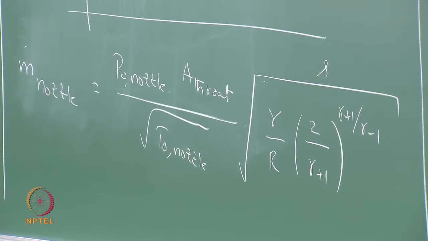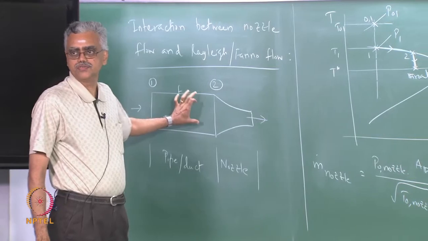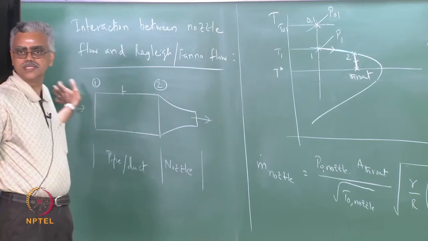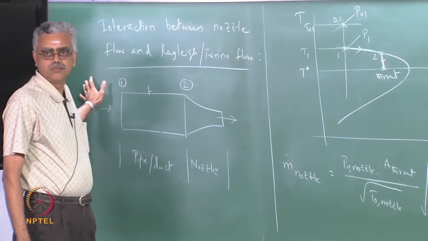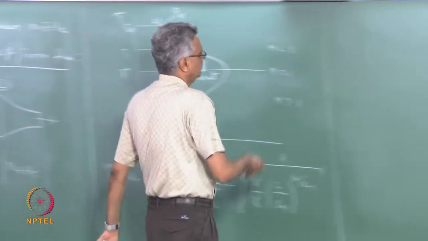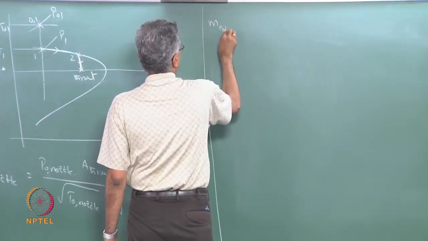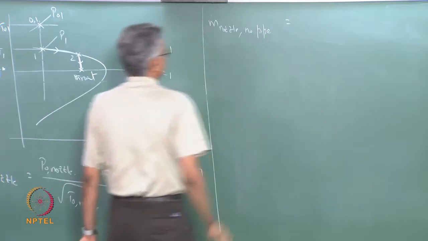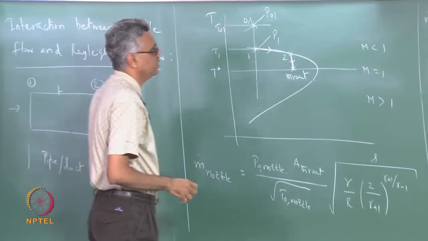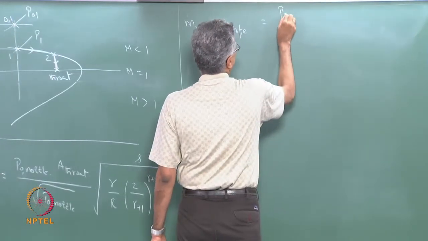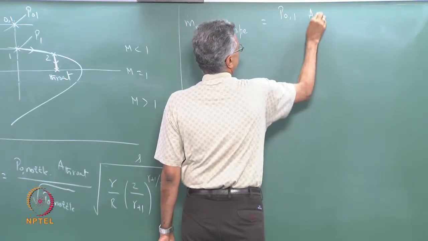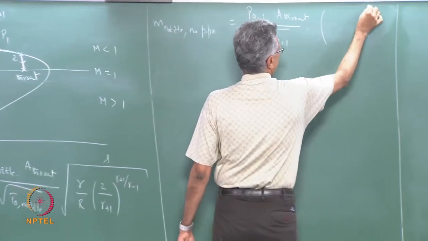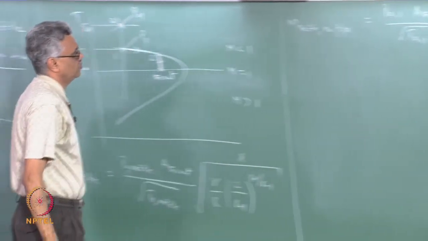Now, if the pipe or the duct were absent, then the stagnation pressure for the nozzle would be the same as the stagnation pressure over here, P01. So, if there is no pipe or duct, then P0 nozzle would be equal to P01, right, P01 times A throat divided by square root of T01 times this quantity under the square root.